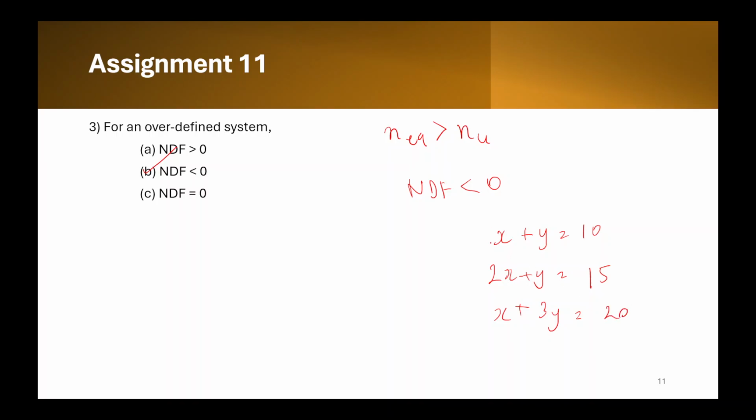So you have two variables only, but you have three equations here. So it is an overdefined system, which is basically a non-solvable system. So NDF will be less than 0 because the number of equations is greater than the number of unknowns. Here there are only two unknowns, but equations are 3.